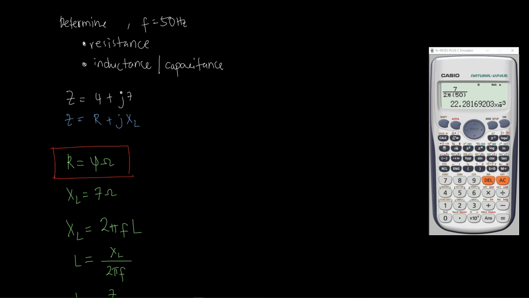If you are given with Z is equal to negative j20 ohms. Ohms na siya ha, unit na nito nan. Dito na siya, capacitive, inductive.